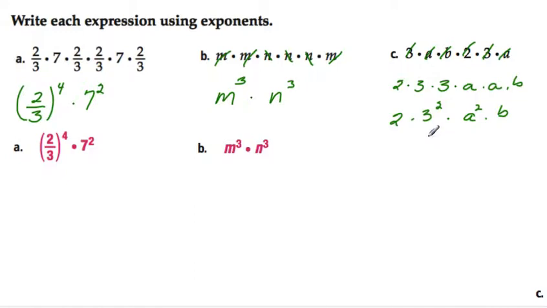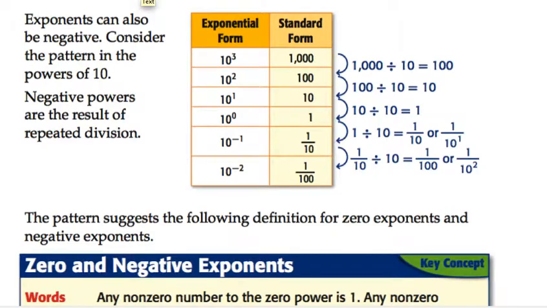If they do that, 3 squared is 9, so this is really 2 times 9, which is 18, and then we still have A squared B. So I suspect that's what they have for the answer, but let's go ahead and take a look. No, they didn't. You can leave it in the other form, so didn't need to do that, so I'll go back and erase that. Don't put that in there. 2 times 3 squared, A squared B.